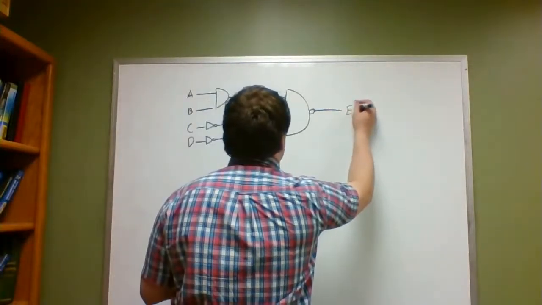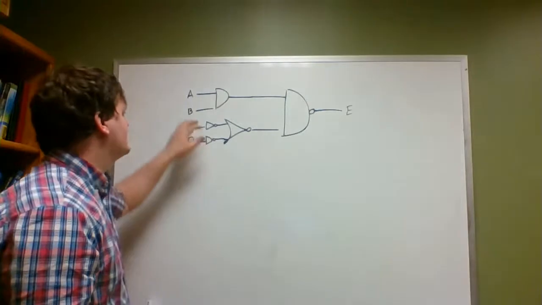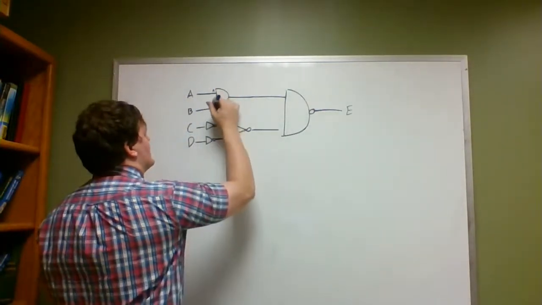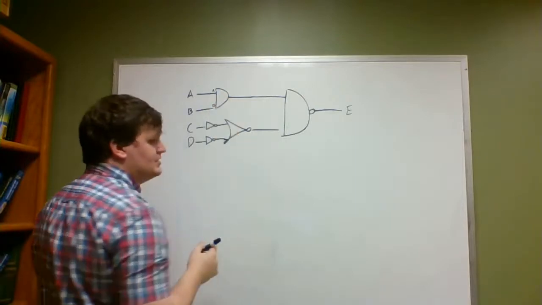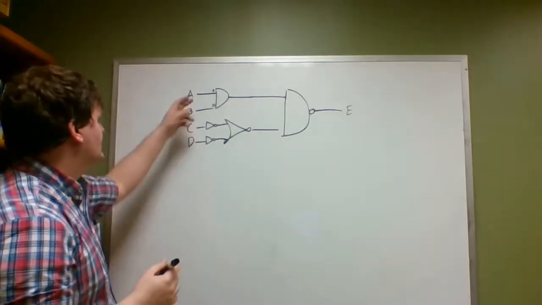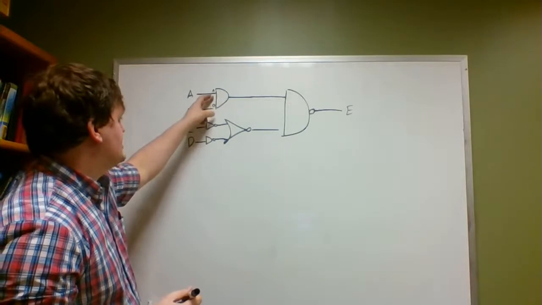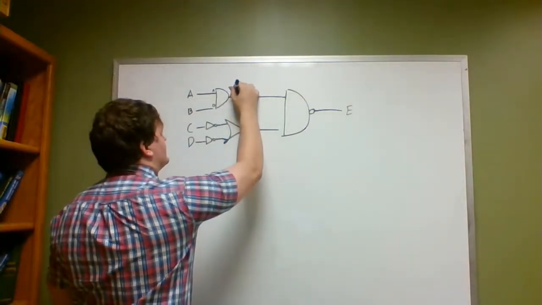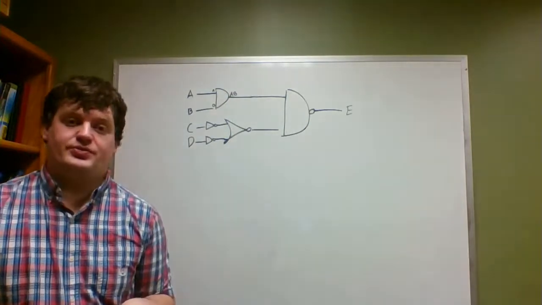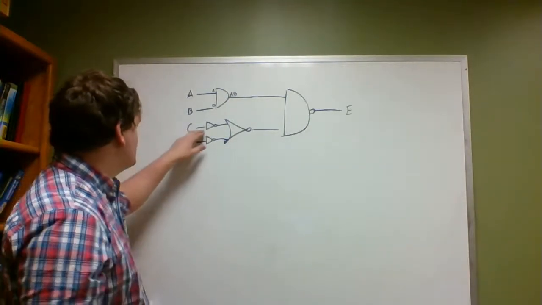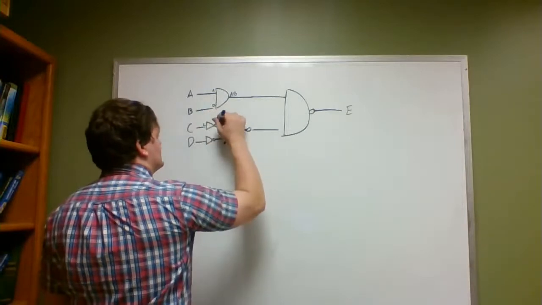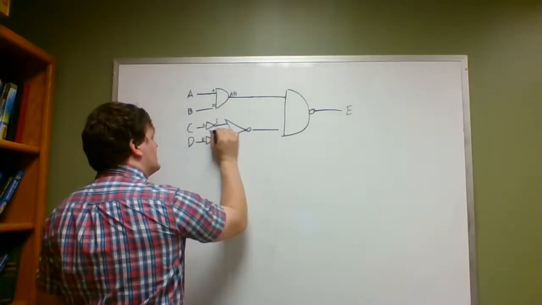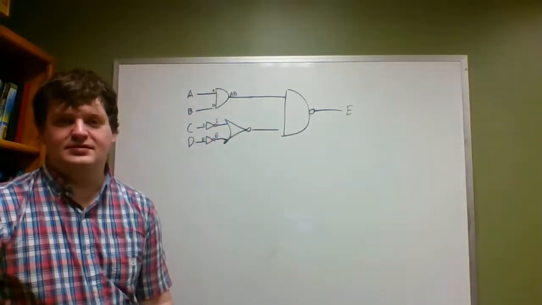So this creates output E. Well, here, we know this line coming in is A. This line coming in is B. So this is just A, this is B. The output of this, because it is an AND gate, is just those two multiplied by each other. Here, the input to this is C, the output is C NOT. The input to this is D, the output is D NOT.